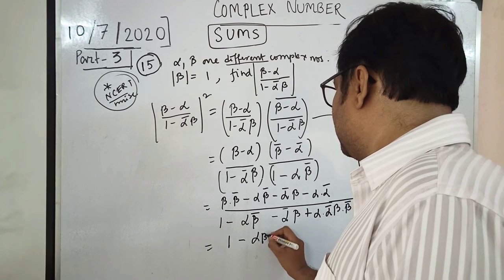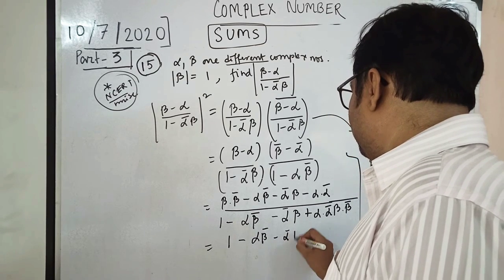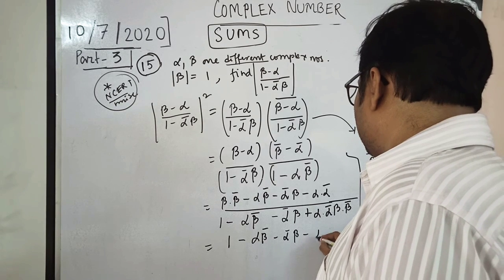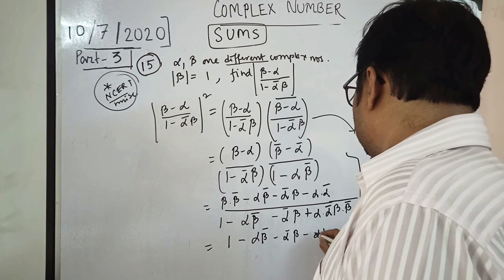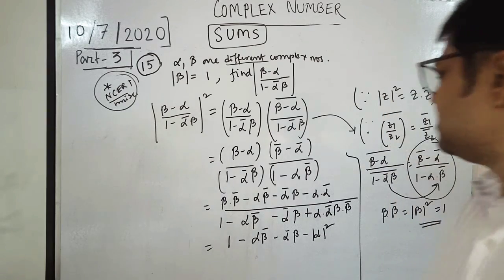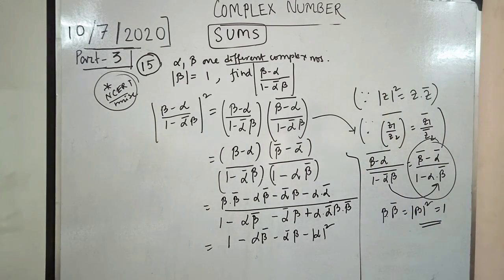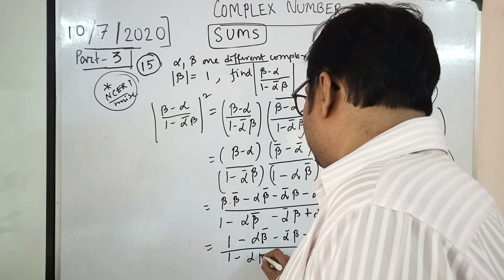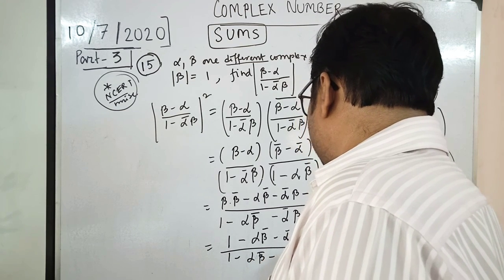Minus alpha bar beta. This thing is still alpha, or you can write something like mod alpha square. Now the denominator is exactly the same, 1 minus alpha bar beta.